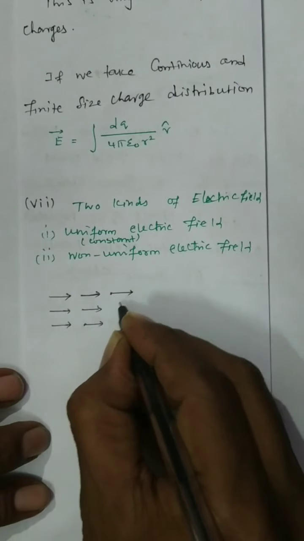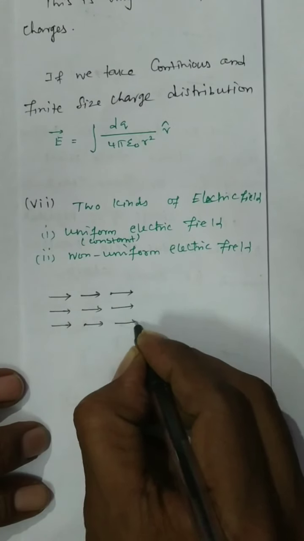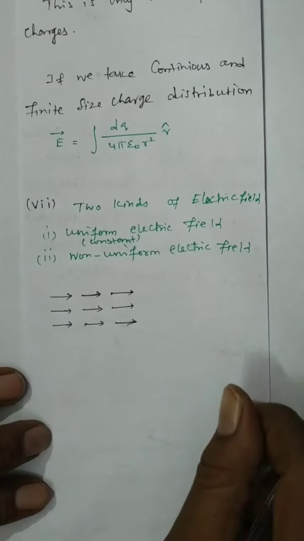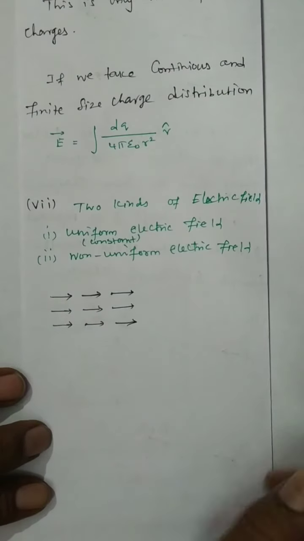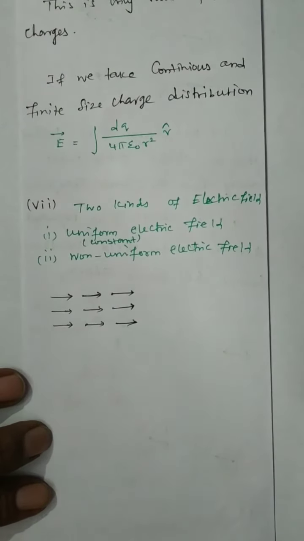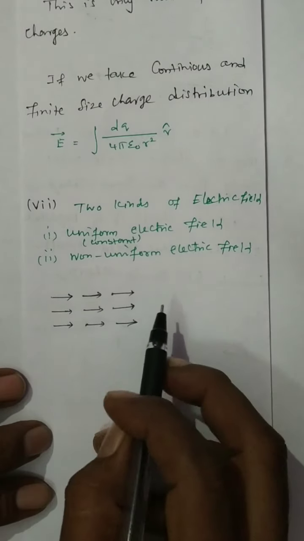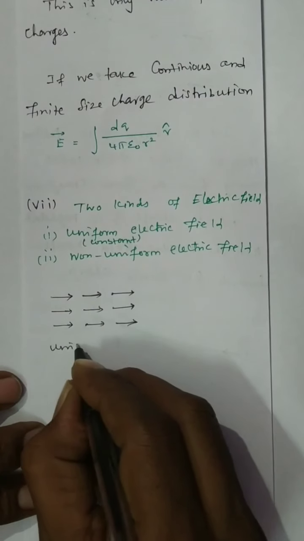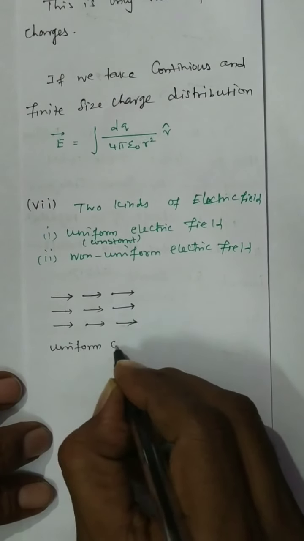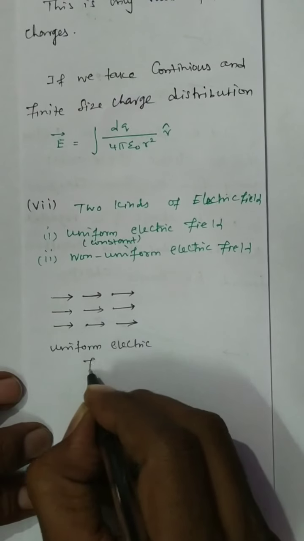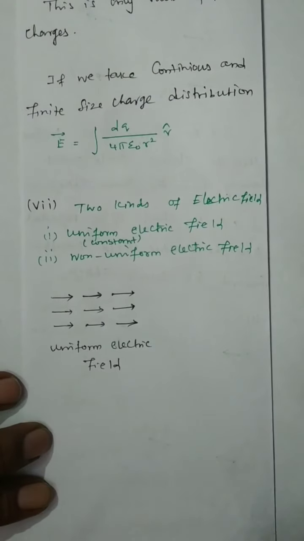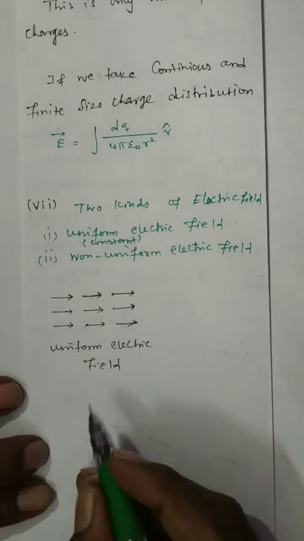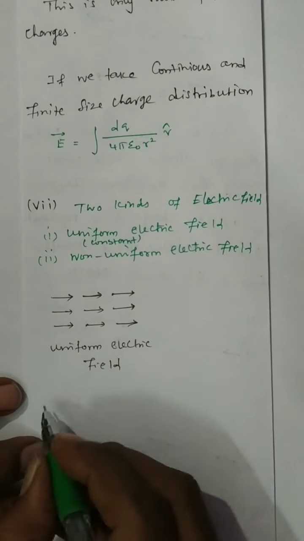This is called a uniform electric field, because the direction and length of the arrows, the electric field magnitude and direction, are the same. Now, what is a non-uniform electric field?